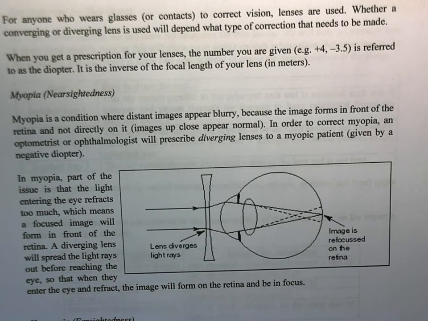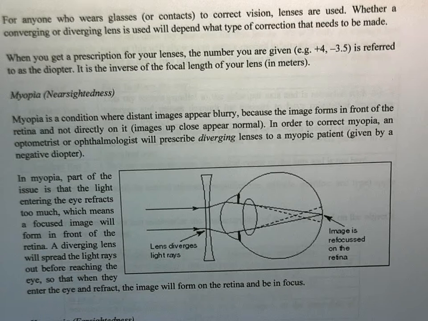Now, before we get into the technical stuff with lenses, I just want to talk about some real-world applications. For those of you that wear glasses or contact lenses, you are wearing lenses. Now, we're simplifying the explanation a little bit, but just to give you an overview. When you get your prescription for your lenses, depending whether you have nearsightedness or farsightedness, your optometrist or ophthalmologist might give you a number saying your prescription's +4 or it's -3.5.